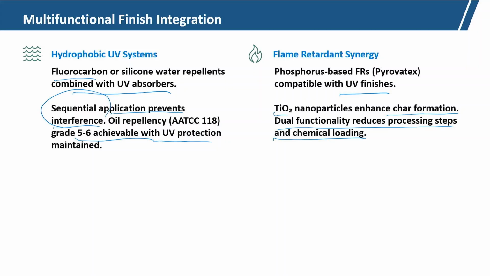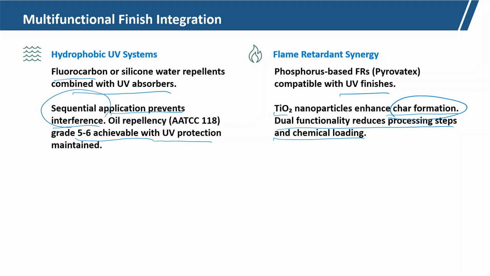Titanium dioxide is a good UV absorber, and at the same time it forms char on the surface, which enhances the thermal and flame protection. It does not catch the flame due to the char formation. That is why we can use titanium dioxide for dual functionality.